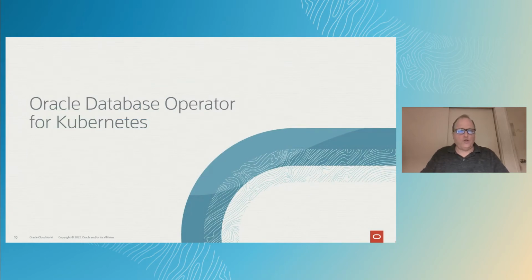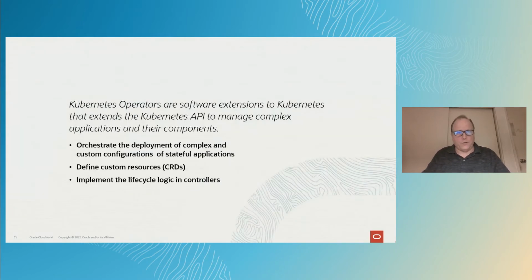Okay, next we're going to move to the Oracle Database Operator for Kubernetes. So what's a Kubernetes operator? Well, Kubernetes operators are software extensions to Kubernetes that extend the Kubernetes API to manage complex applications and their components.